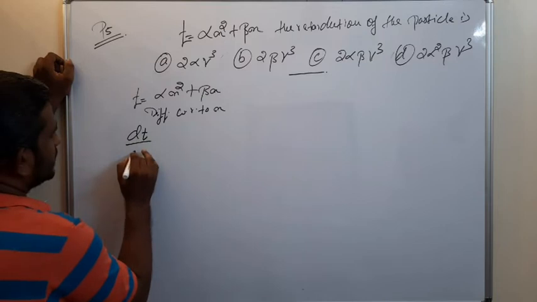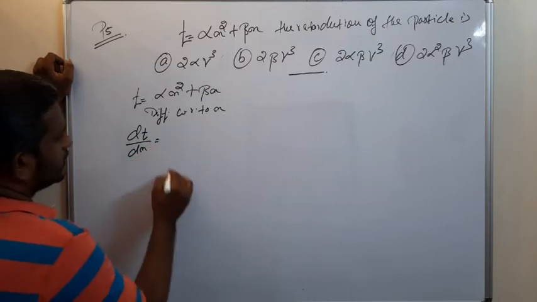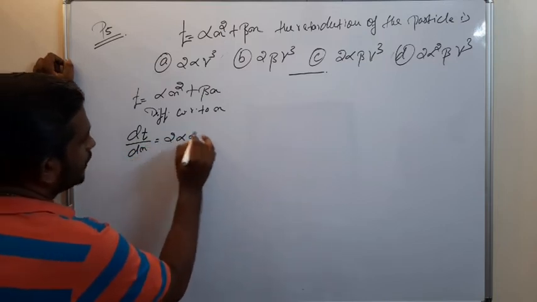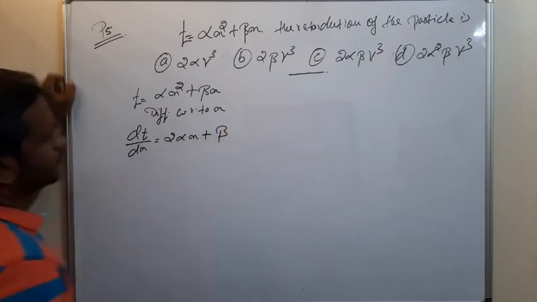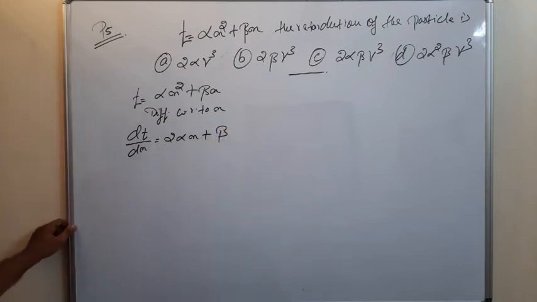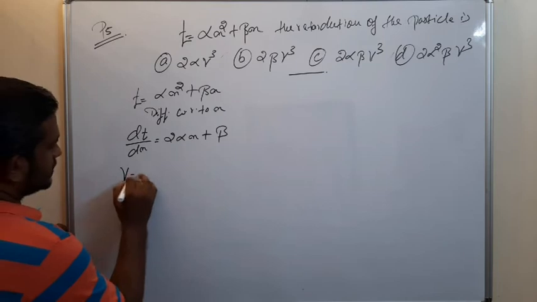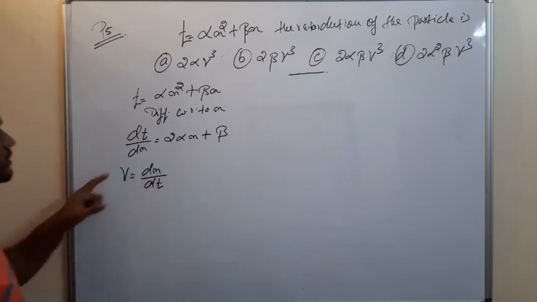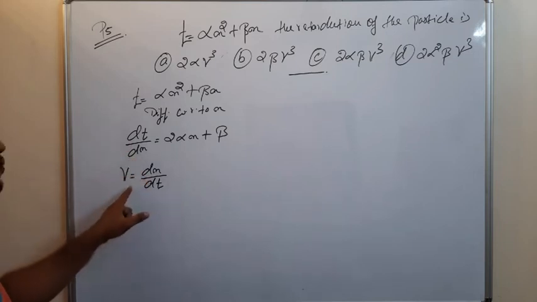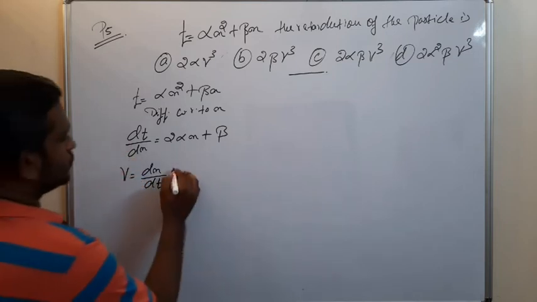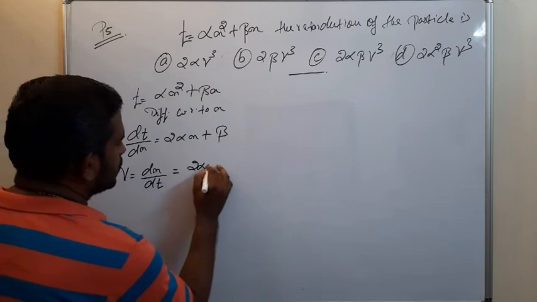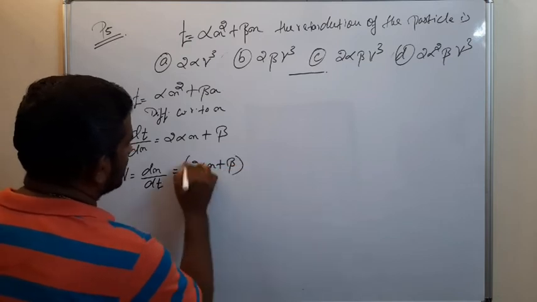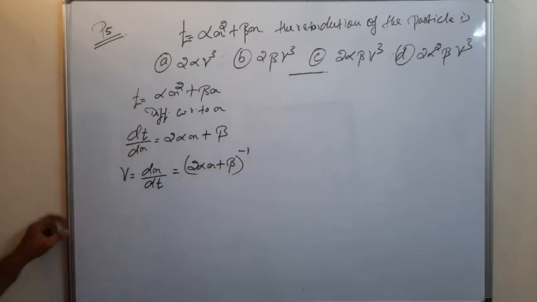So dt by dx is equal to 2 alpha x plus beta. Am I right? Velocity is equal to dx by dt, and this is dt by dx. So velocity is equal to dx by dt, that is equal to 2 alpha x plus beta the whole power minus 1.